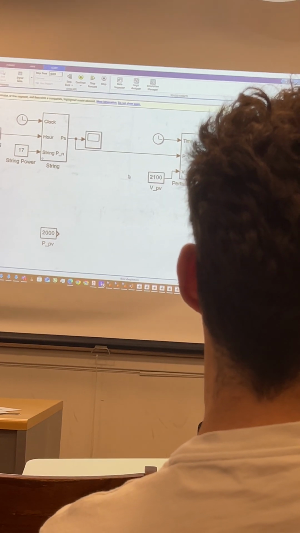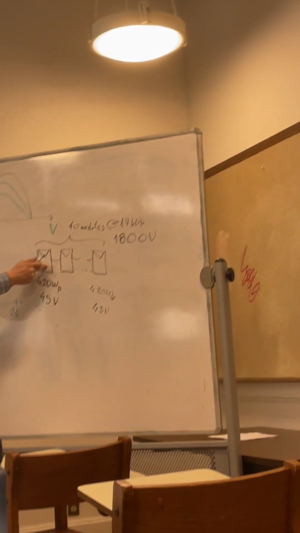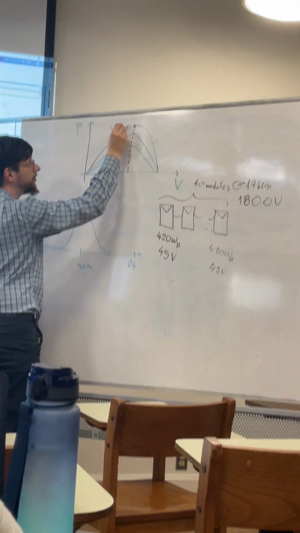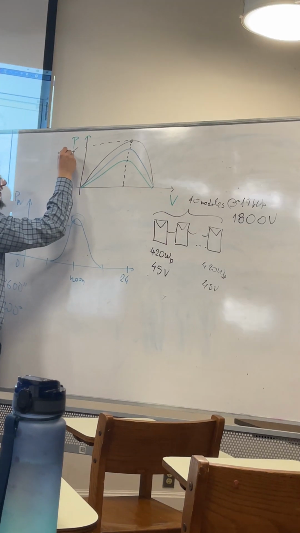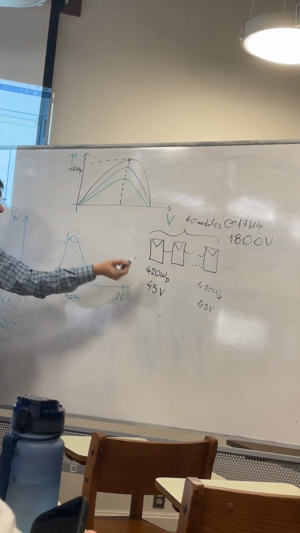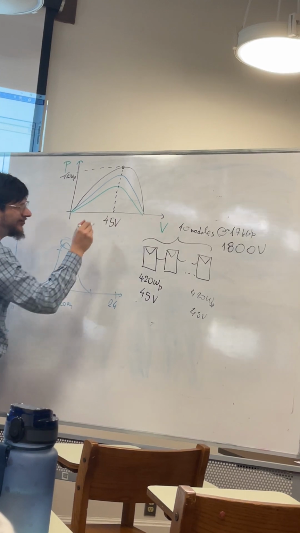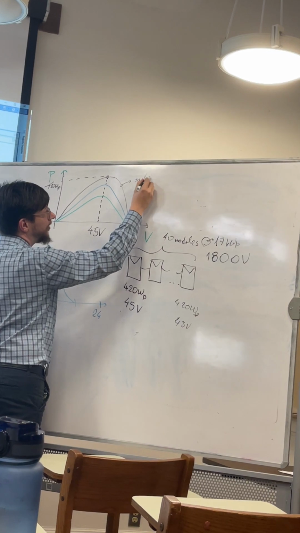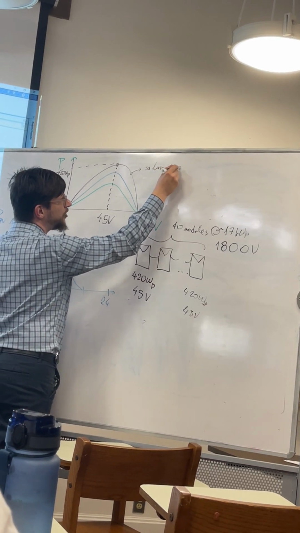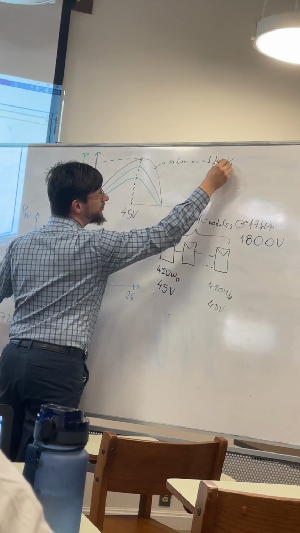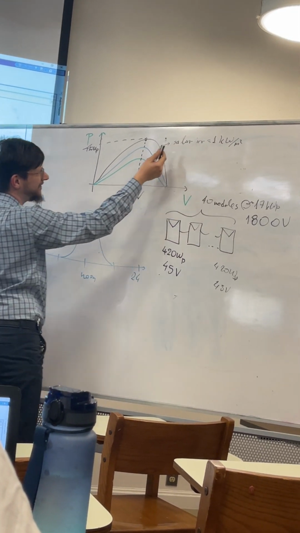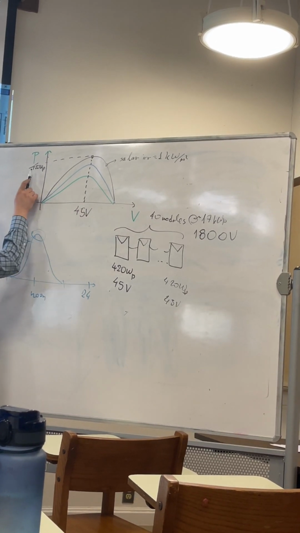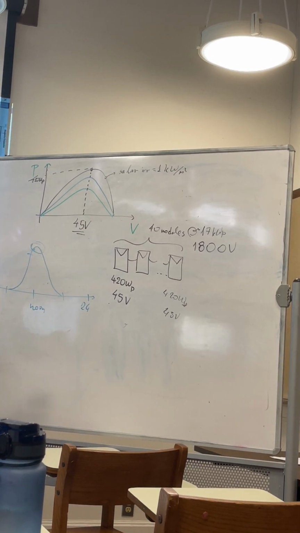Look at me closely here. One module is going to have its peak of 420 watts at 45 volts. Again, this is at the maximum solar irradiation, which is 1 kilowatt per square meter. So for maximum solar irradiation, the maximum output of one module is 420 watts at 45 volts.